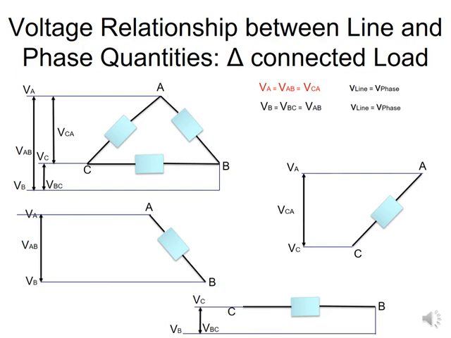And from the first one I drew in, which is also equal to VAB. Then the last point is for my VC. And for my VC, I again look right at the bottom. It will be the same as VBC. And then on the right hand side, it will be the same as VCA. So all we're saying here is that no matter where you are looking onto the system, you find that your line and your phase voltages are all the same throughout.